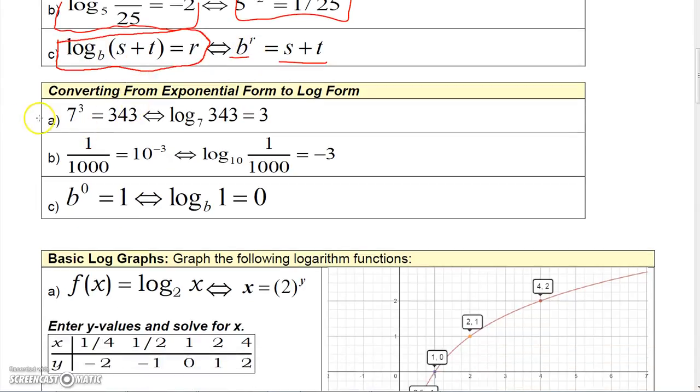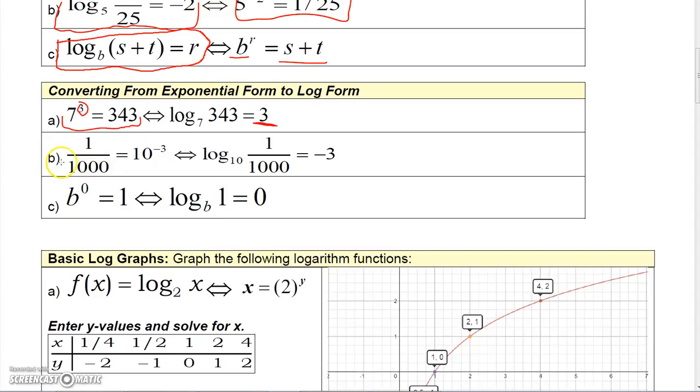Now I can also give you some true statements in exponential form and convert them to log form. If I say 7 cubed is 343, which is a true statement, then that's the same as saying the log of 343 base 7 is 3. Notice what the log equals: the exponent from over here.